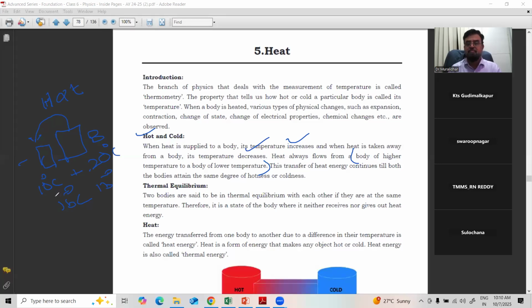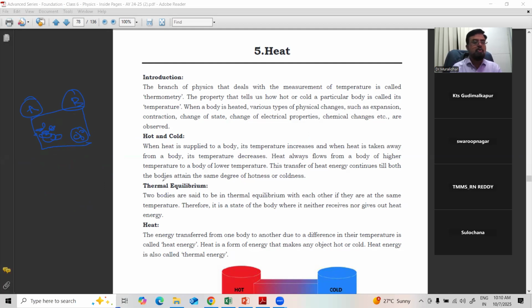For example, see, you have a dining table in your house. Once you place hot coffee on one side, and on the other side you place cold ice pieces, so A is coffee, B is the ice blocks.